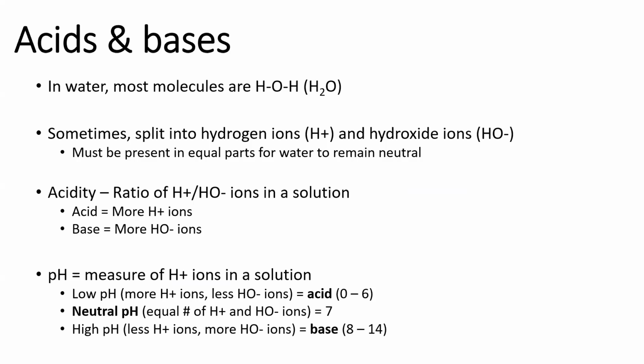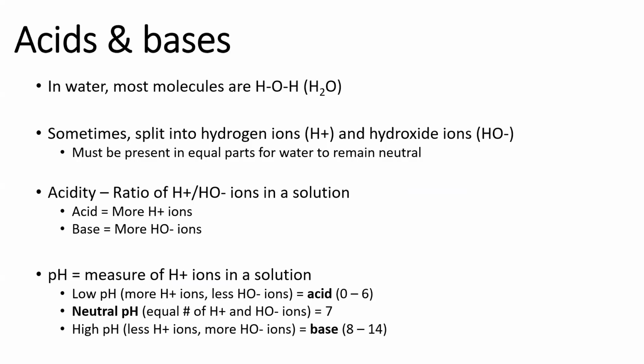If you have a low pH, you have a higher concentration of hydrogen ions and a decreased number of hydroxide ions, which is acidic. So 0 to 6 on a pH scale is described as being acidic.